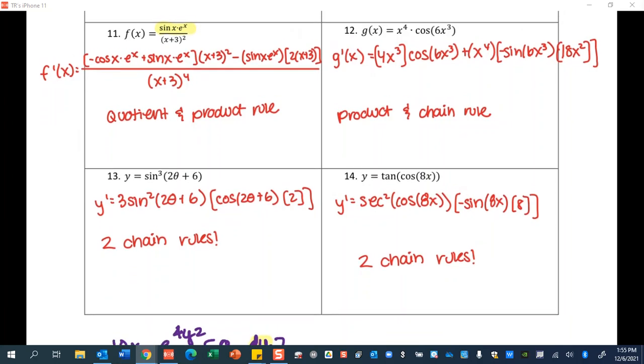So these ones, keep in mind, and I know we had some conversations about notation when I returned the tests, but it's super important now that we're bouncing back and forth between implicit and explicit differentiation that you let everybody know what it is you're doing. Here's the derivative.